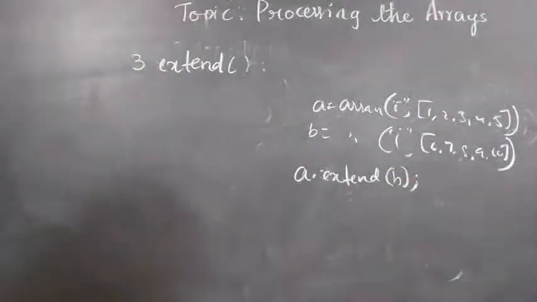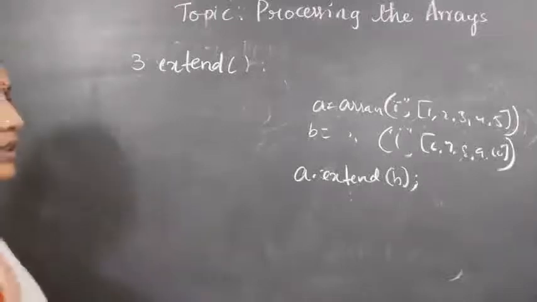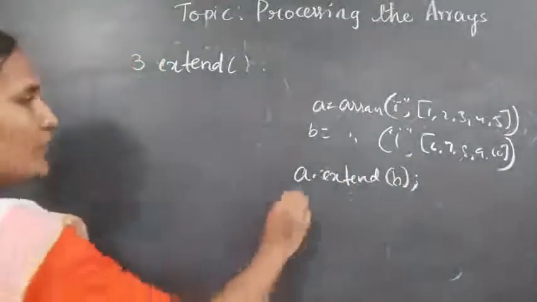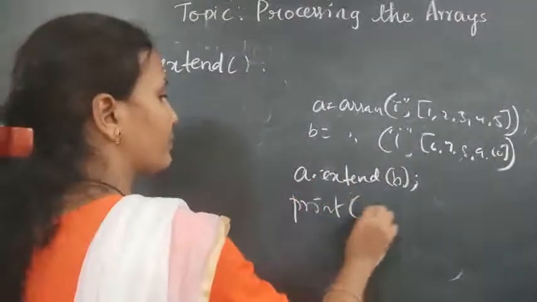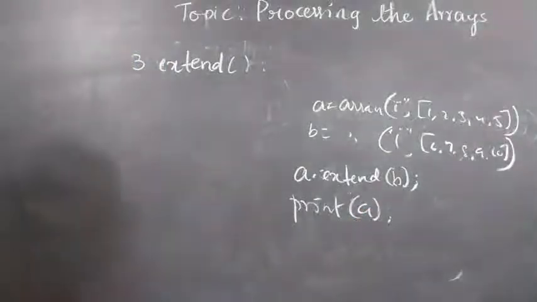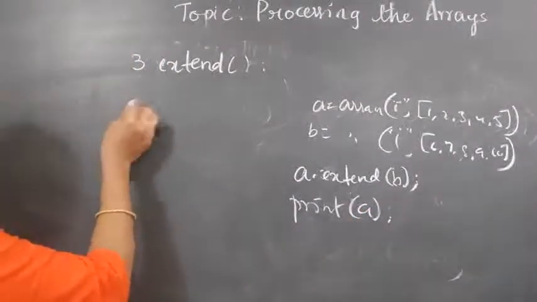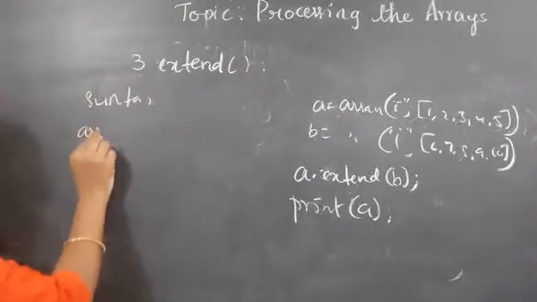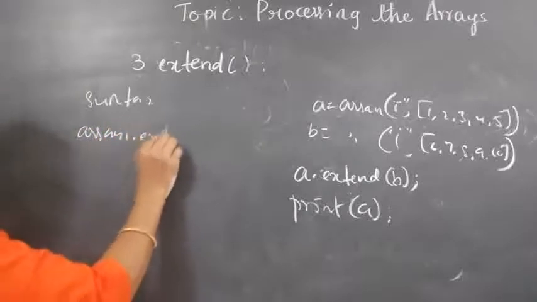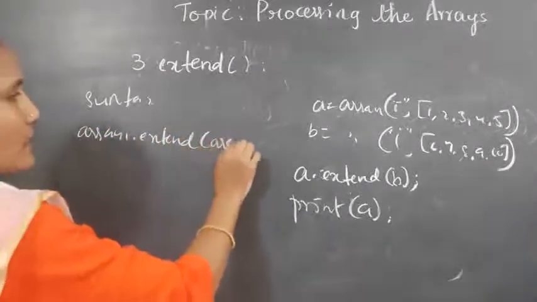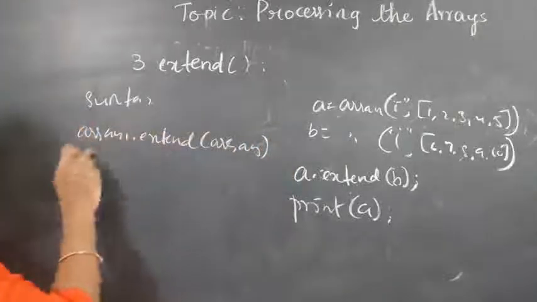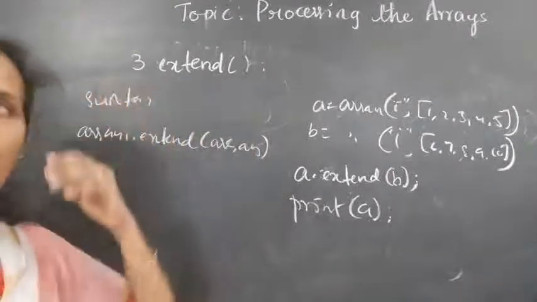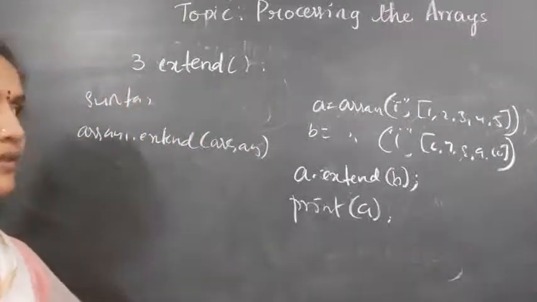The array B is added at the end of the A. So when you print A, whatever elements are there, all those elements are printed. So here extend, you write the syntax, array 1 dot extend array 2. So array 2 is added at the end of the array 1. This is a extend method. Extends the array. Okay. You take screenshot of this.